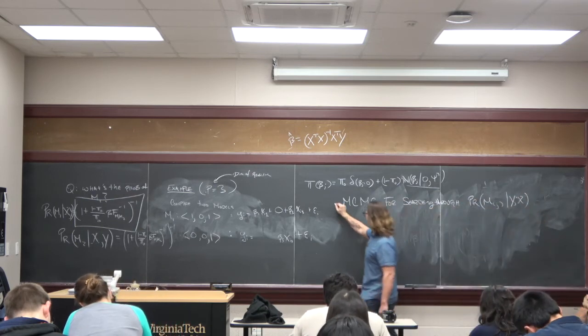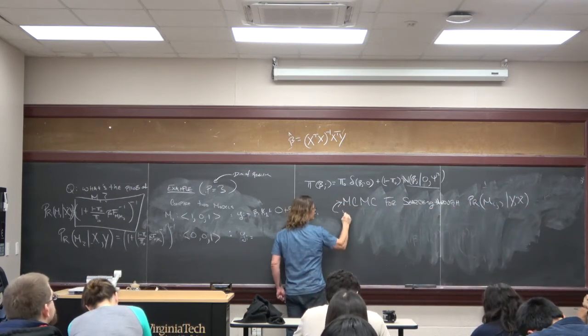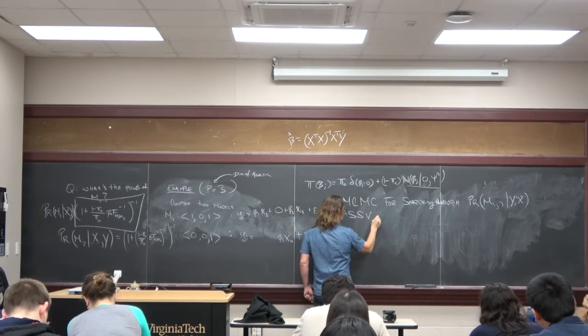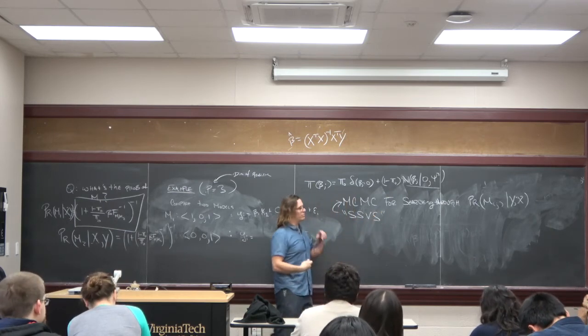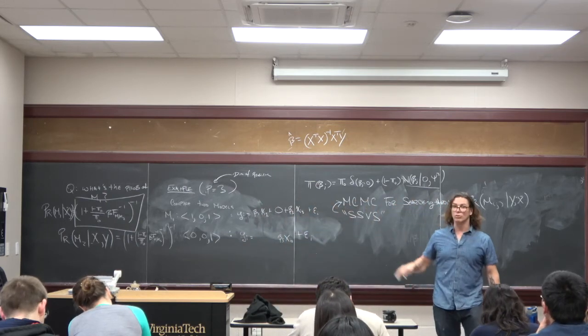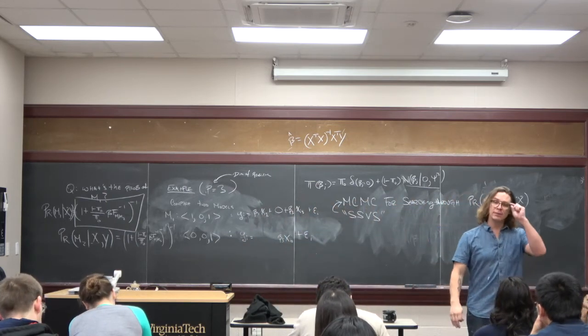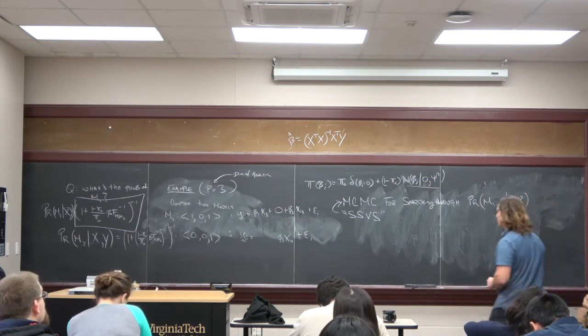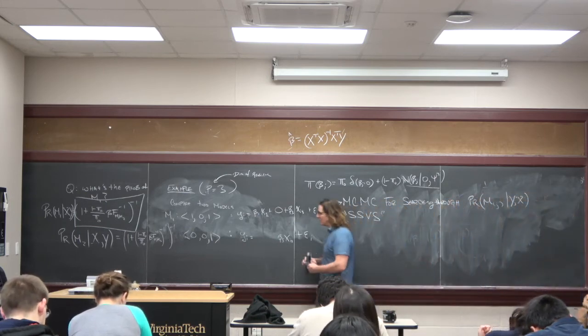So this has a name. It's also known as SSVS. Your MCMC schemes for searching through this are all SSVS, so long as you're using that point mass mixture prior. Okay, there's differences between how you implement these things.